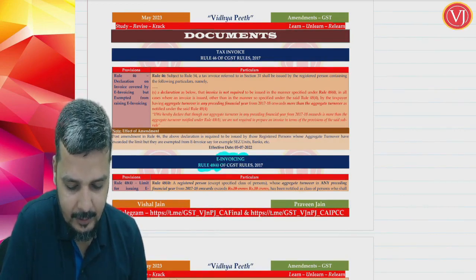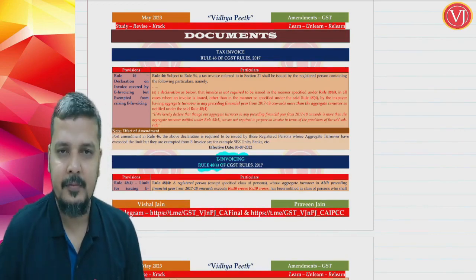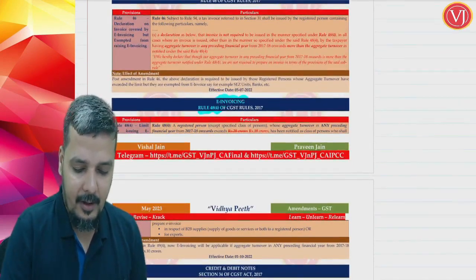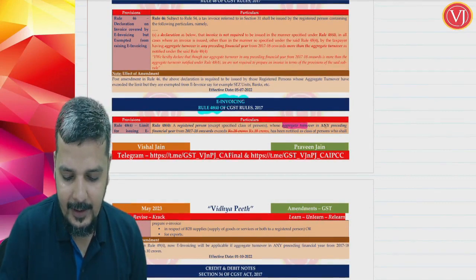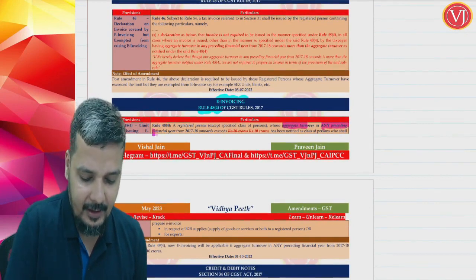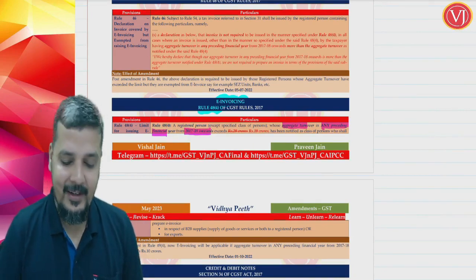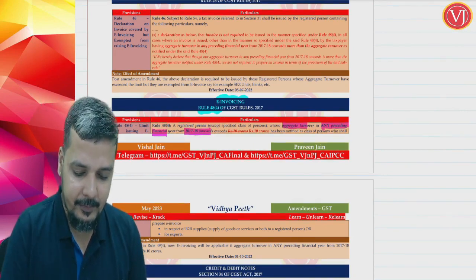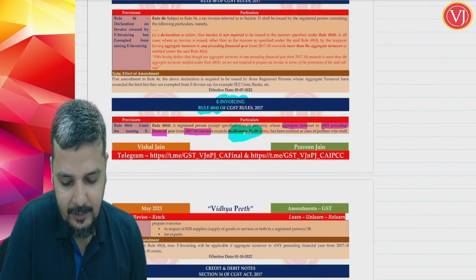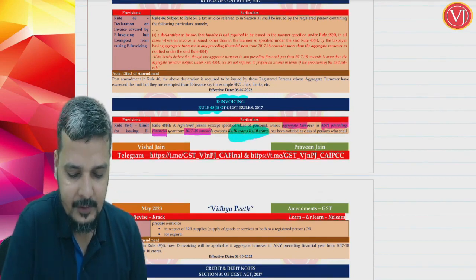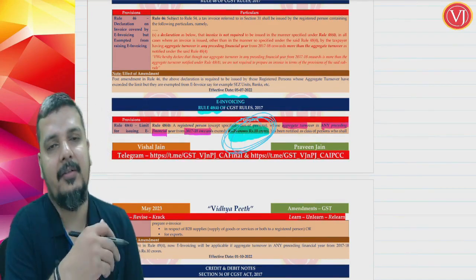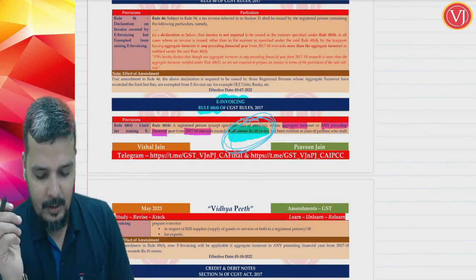Rule 48 sub rule 4. E-invoicing previously was applicable if your aggregate turnover in any of the preceding financial years, starting from 17-18 till now, exceeds 20 crores. Now the limit is 10 crores. They have reduced the limit from 20 crores to 10 crores.